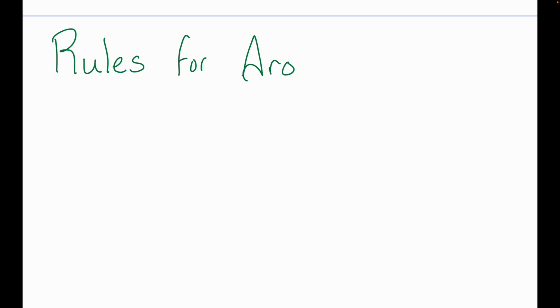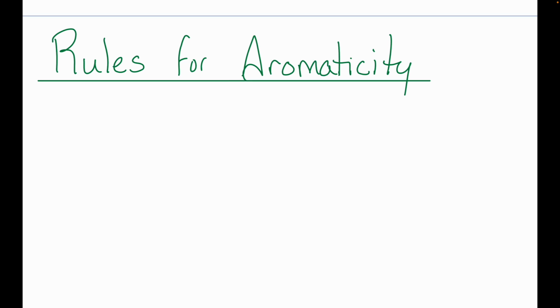That's enough of that. Let's talk about the heart of this chapter, which is this idea of aromaticity. What we're going to do is lay out our rules for aromaticity first. We'll talk more in depth about what it means to be aromatic or non-aromatic once we can spy what is aromatic.